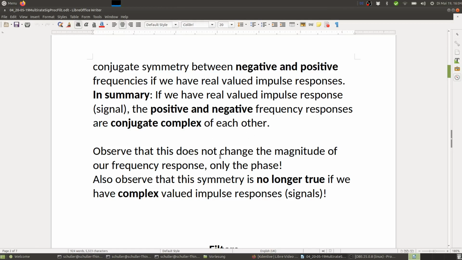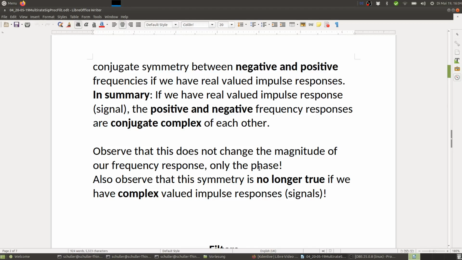Observe that this does not change the magnitude of our frequency response, only the phase. The magnitude of a complex number and its complex conjugate is identical.